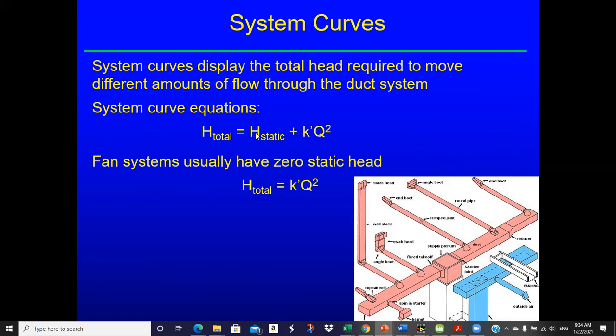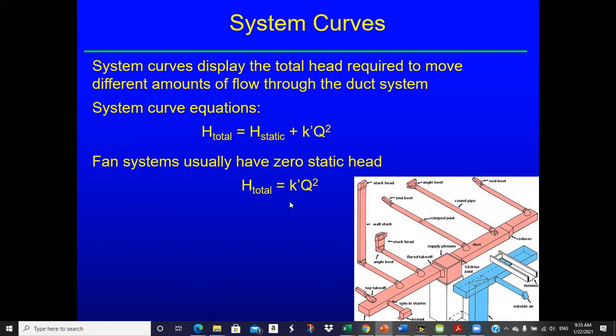So that discharge pressure represents a static pressure, and this is a frictional component over here. That discharge pressure that you have to force that air into has nothing to do with the friction through the ductwork. So if you do have to discharge into an area that is of elevated pressure, then that becomes a static head that has to be added in here.